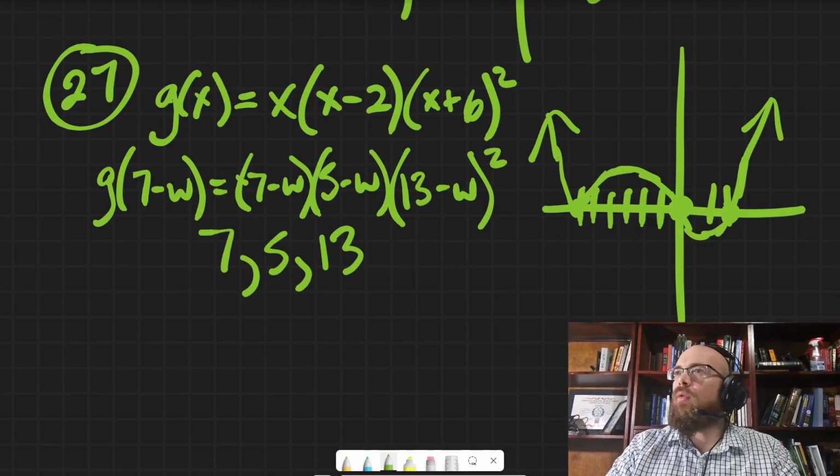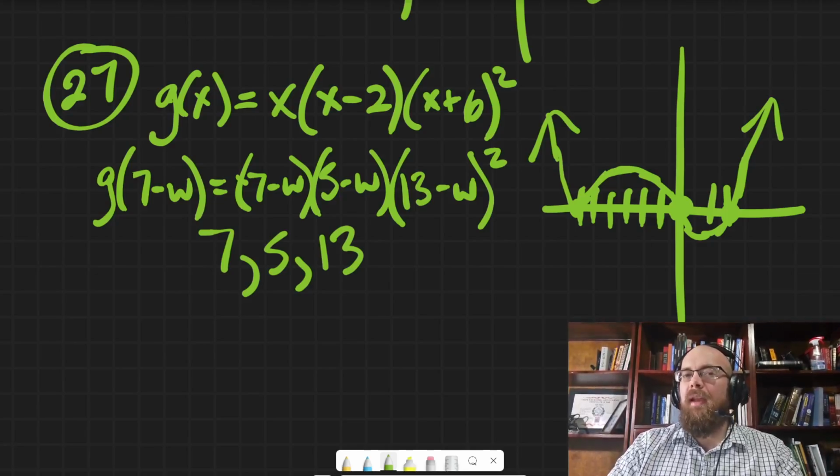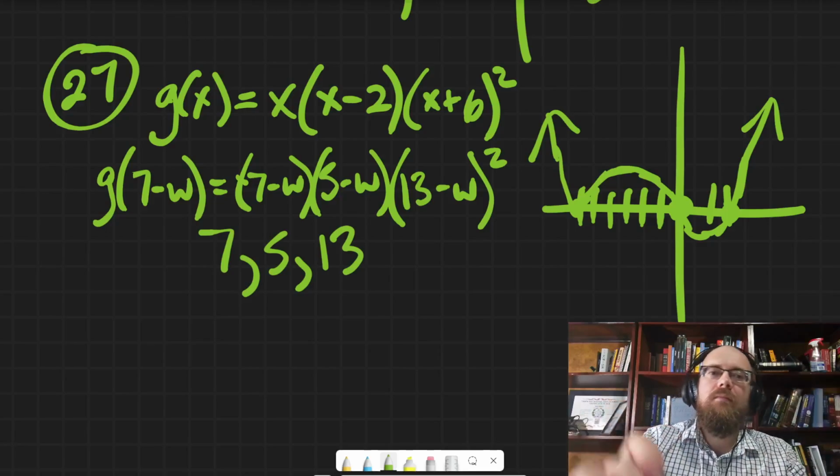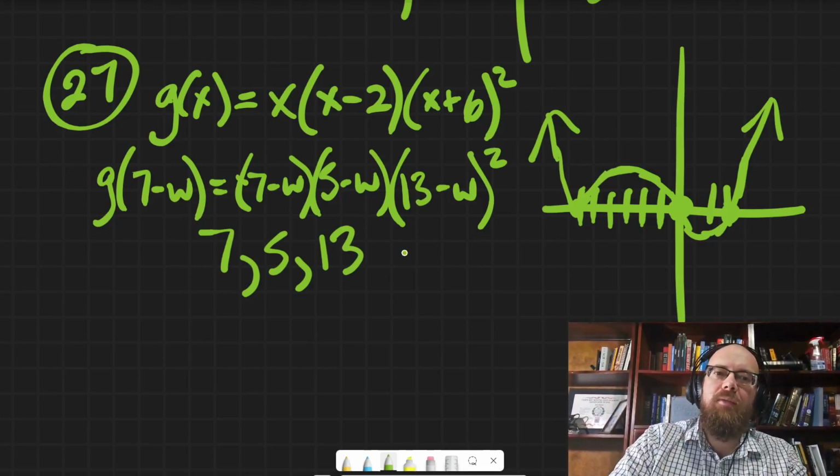Maybe I'm not thinking about this enough, maybe I'm getting duped by this question, but it looks like if those are the intercepts, those are the solutions, so the sum of all possible values of w would be 5, 7, and 13. If you add them up, you'd get 12 plus 13 is 25.